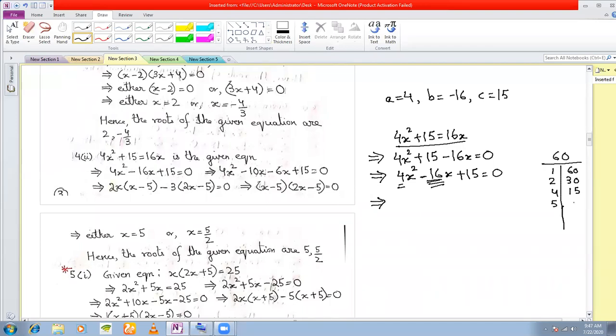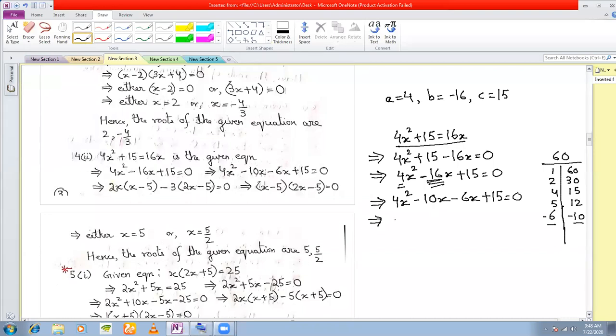Next is 5 and 12, 6 and 10. Yes, 6 and 10 will give me minus 16 if I take minus 10 and minus 6. So you break minus 16x as minus 10x because I have a minus 10 here, and minus 6x because I have a minus 6 there, plus 15 is equal to 0.